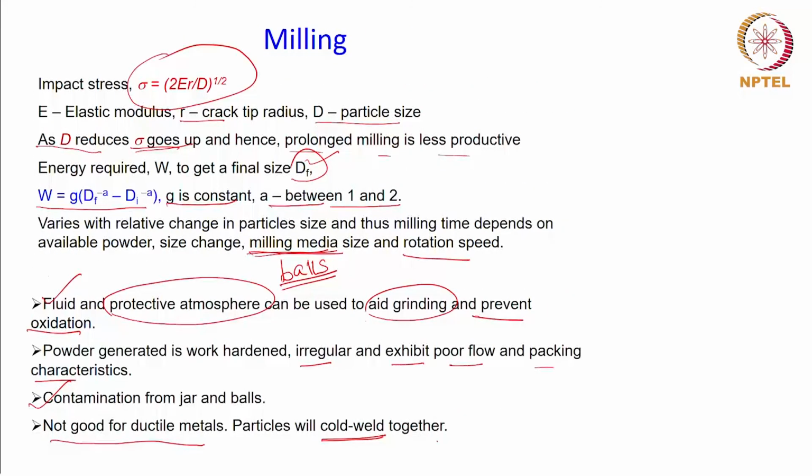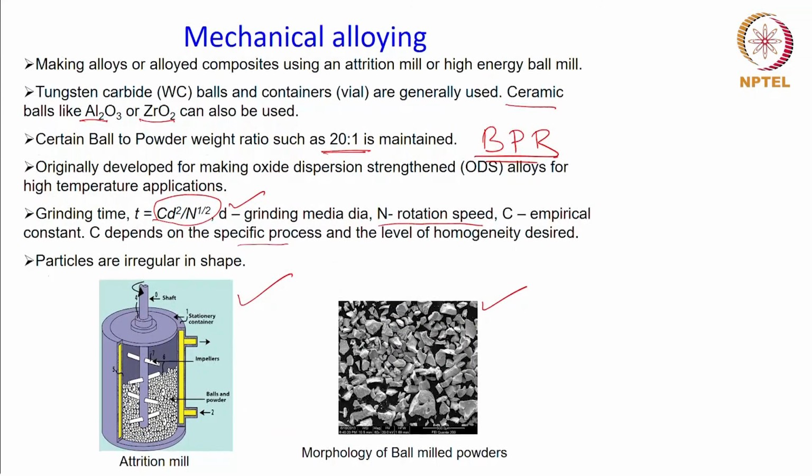Here you use these impellers, as you can see over here, and with the help of this impeller you break down this material into powder. There are different parts in this attrition mill, as you can see from this figure.